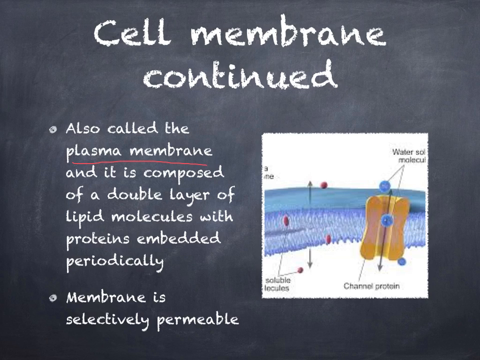It's composed of a double layer of lipids, with protein molecules embedded periodically. The membrane is selectively permeable. So that means it chooses what will come in and out, depending on the environment.